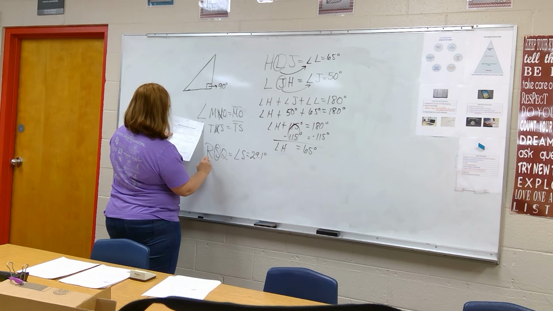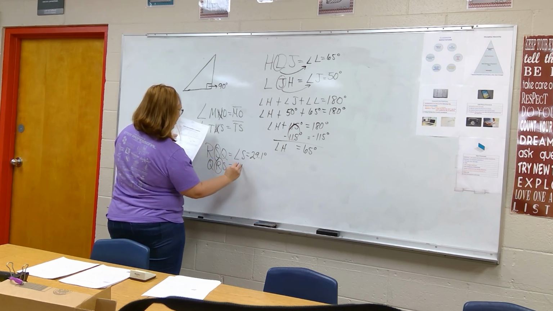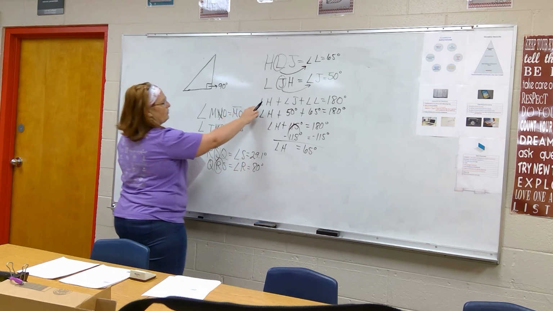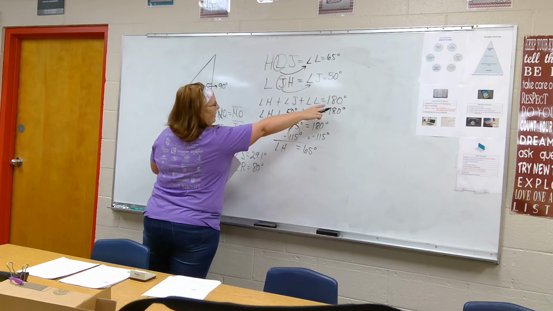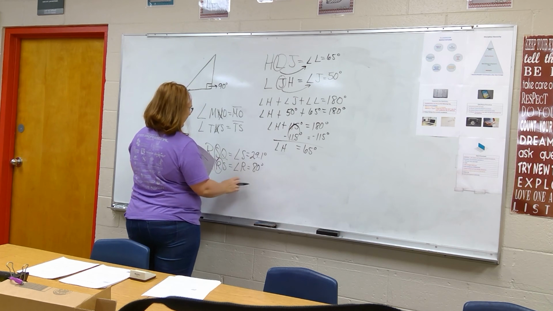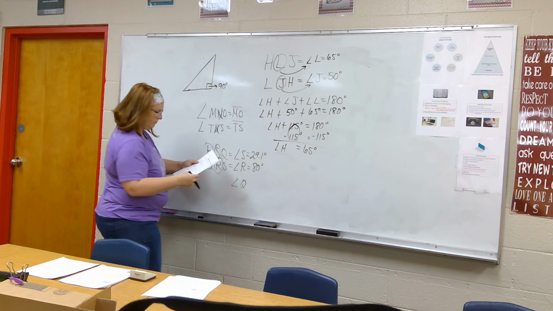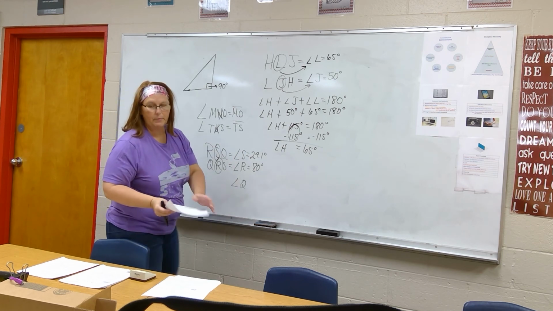It says the measure of angle QRS, that means we're talking about angle R, equals 80 degrees. So set it up just like we did here, where you have your two known angles equals 180, add them together, then subtract it from 180 to give you what angle Q is. I'm pretty sure you can do the rest of that by yourself.